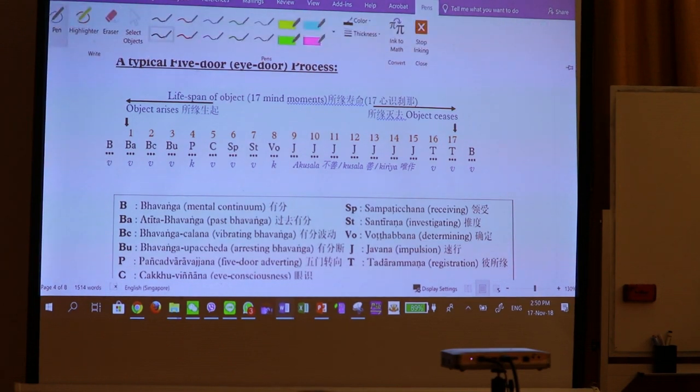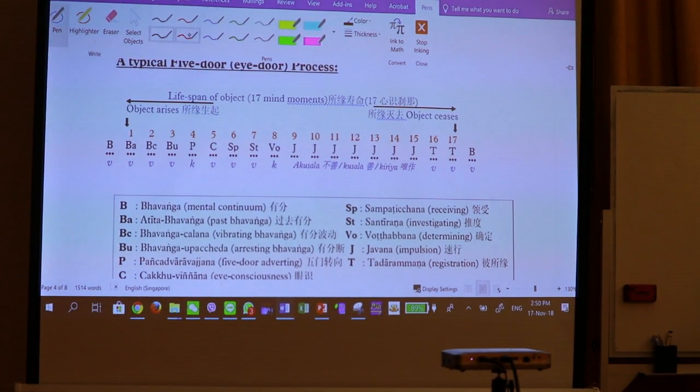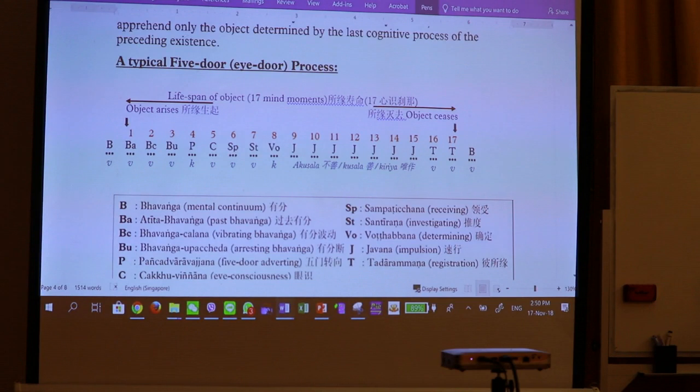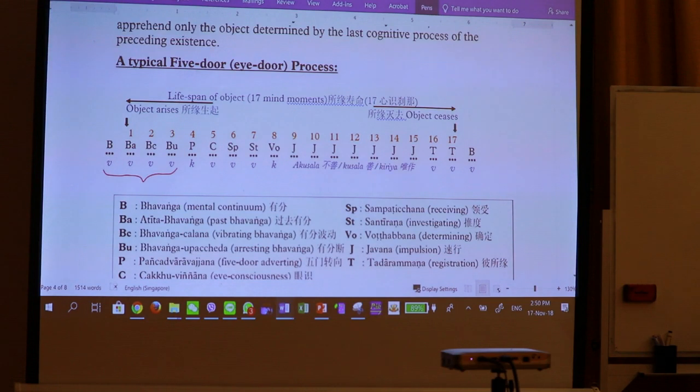Do you remember Patisandhi, Bhavanga, Chuti? How many consciousnesses are there? 19. Those are 19 consciousnesses, not including any of the doors. We do not call it eye door or ear door, nose door, tongue door, body door, mind door. We do not talk about that because they are free from the doors.